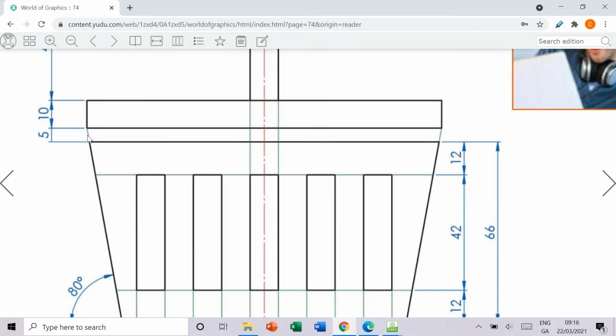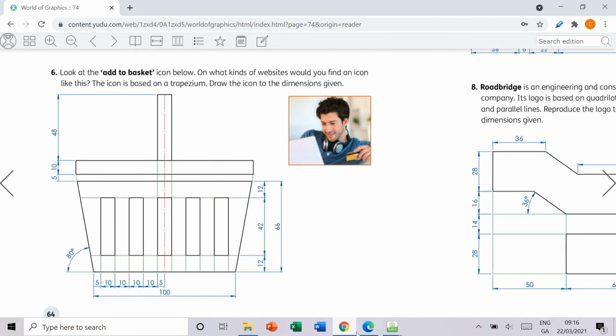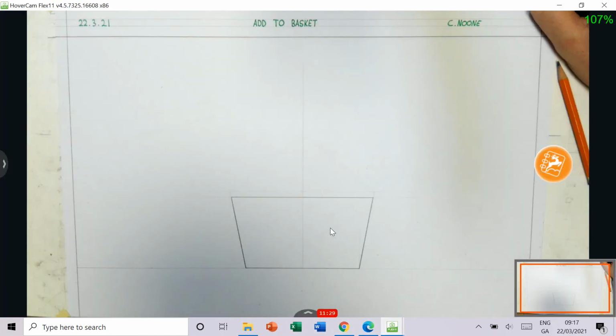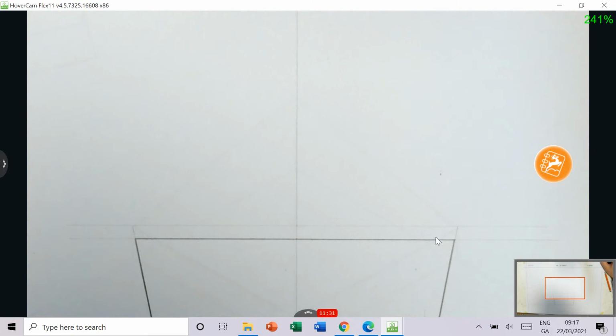So next step for me now is to draw this shape on top. So I need to measure up 10 mil now from here and draw this rectangular shape in on top of my shape. Okay, so to do that, I'm going to this point that I'm just after continuing up here. I'm going to this point that I'm just after continuing up here, and I'm going to measure up 10 mil, draw a horizontal line across, and then draw in my rectangle.